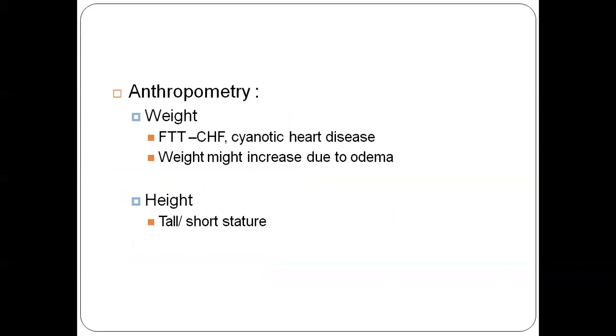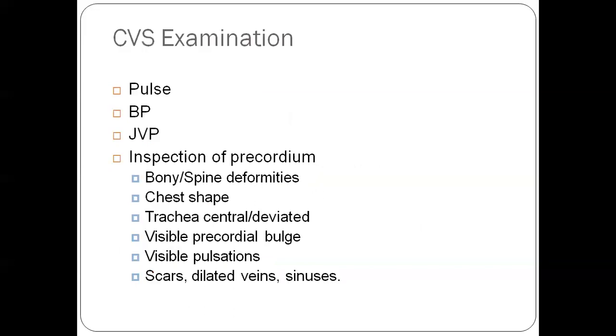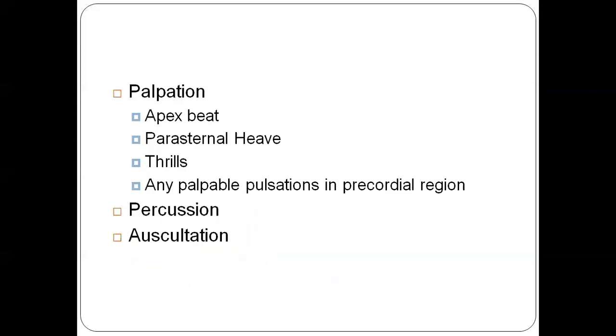In anthropometry we look at weight and height. Failure to thrive occurs in CHF and cyanotic heart disease, weight might increase due to edema, and height may be taller or shorter. In the CVS examination we discuss pulse, BP, jugular venous pressure, and inspection of the precordium: bony spine deformity, chest shape, trachea central or deviated, visible precordial bulge, visible pulsation, any scar, dilated veins or cyanosis.